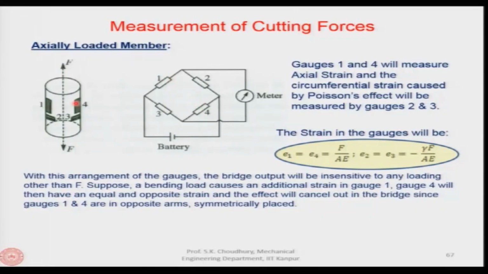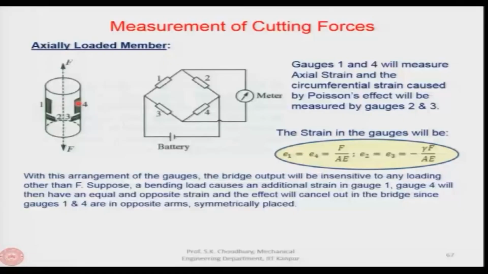This is because, suppose apart from F, any load occurs perpendicular to F, in that case an opposite action will be on gauge 4, so they will mutually nullify. That is why they are placed opposite to each other.